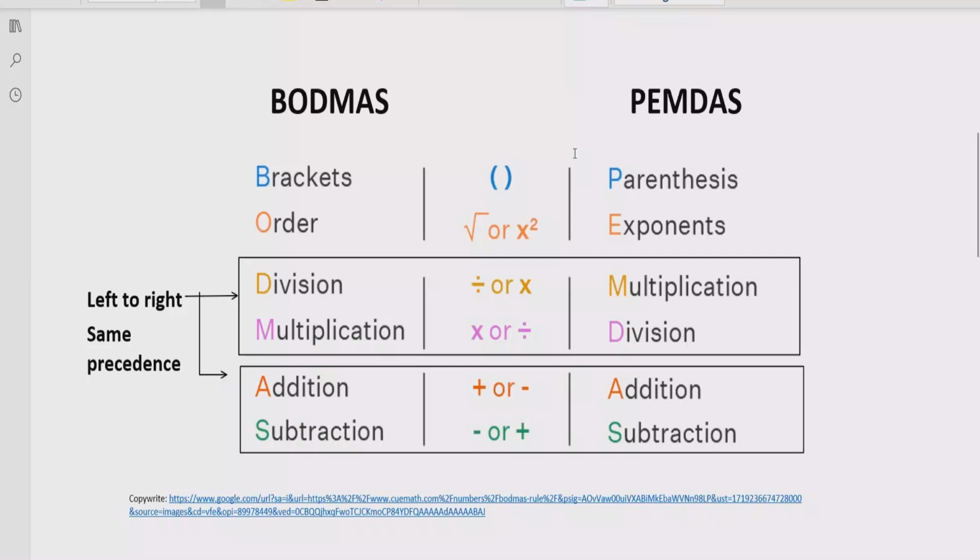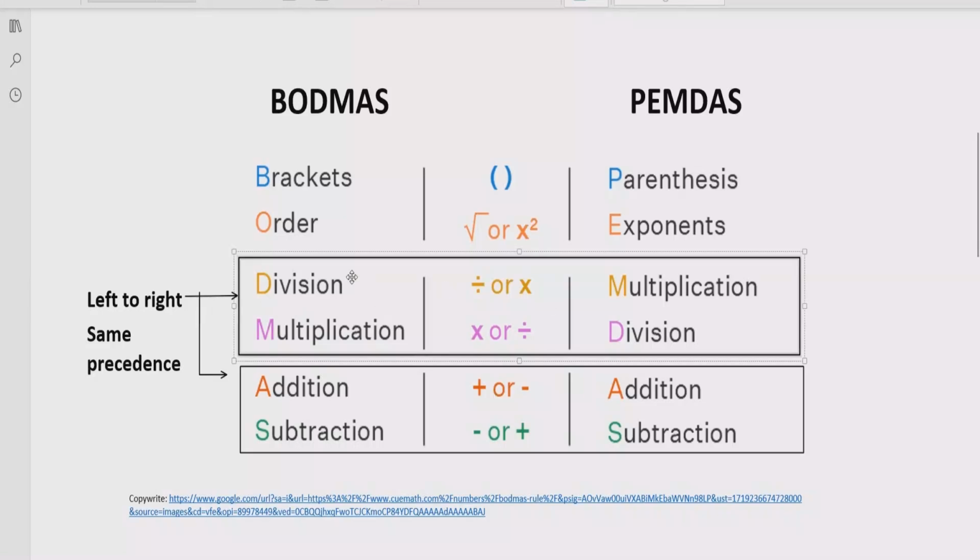After that you have to look at the exponent or power in your expression, and step number three is to go left to right and find division or multiplication. Both have similar precedence, so you have to see which operation comes first.